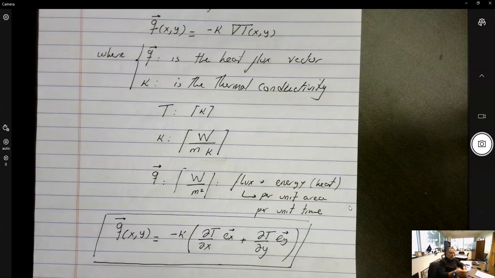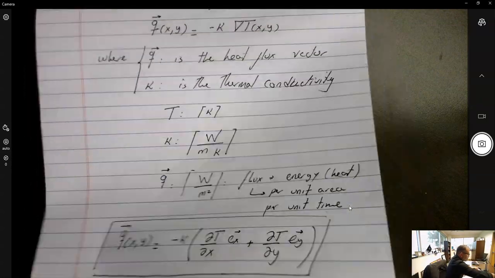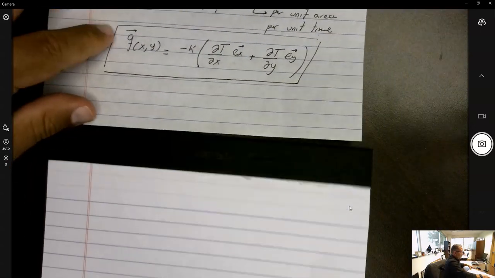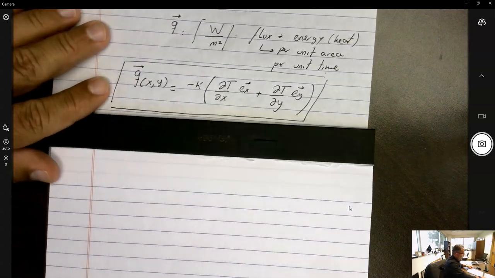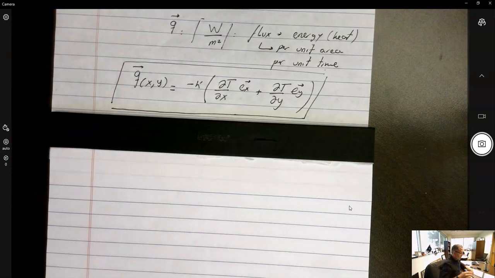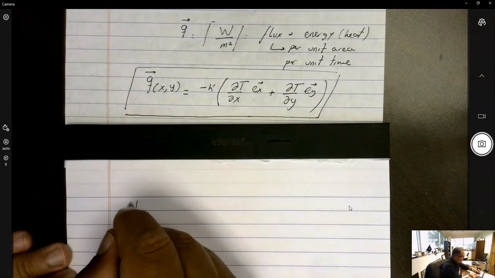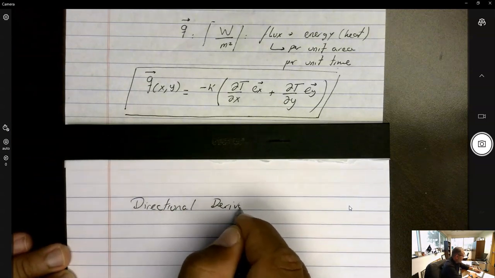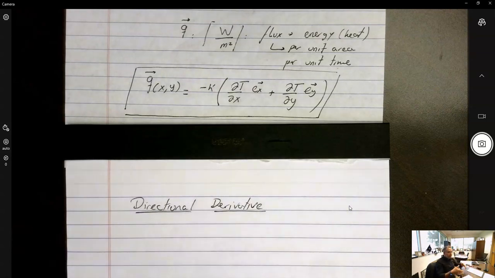All right, so let's look at the concept of directional derivative. We know that the gradient will produce a vector field given a scalar field or a potential. We'll take the gradient and produce a corresponding vector field, and then we can also use that gradient to calculate something called the directional derivative. And the directional derivative is nothing but the derivative in a specific direction.